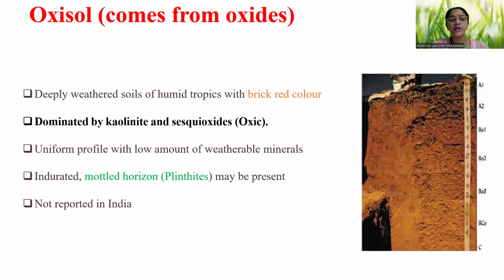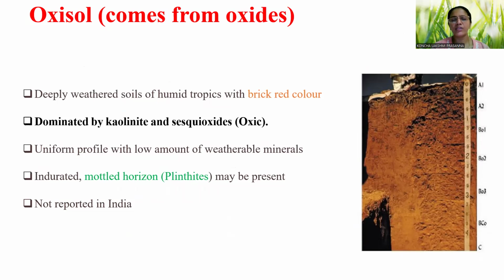It is indurated with a mottled horizon, that is the plinthite. Plinthites are the brick-containing process, which are mostly seen in this oxisol soil order. Presently, this soil order is not reported in India. In the oxisols, the main important point is that these are dominated by kaolinite and sesquioxides.